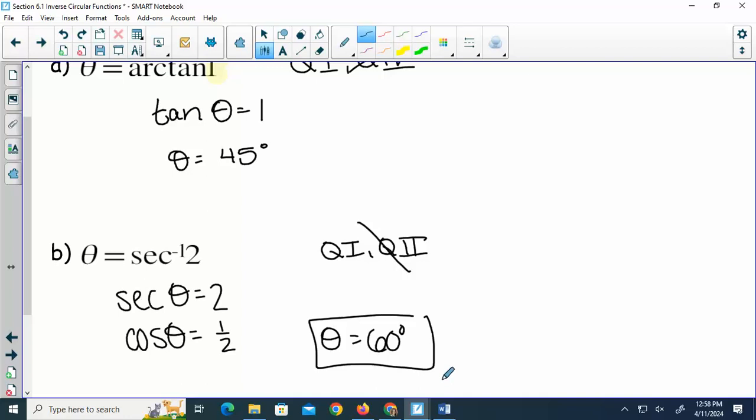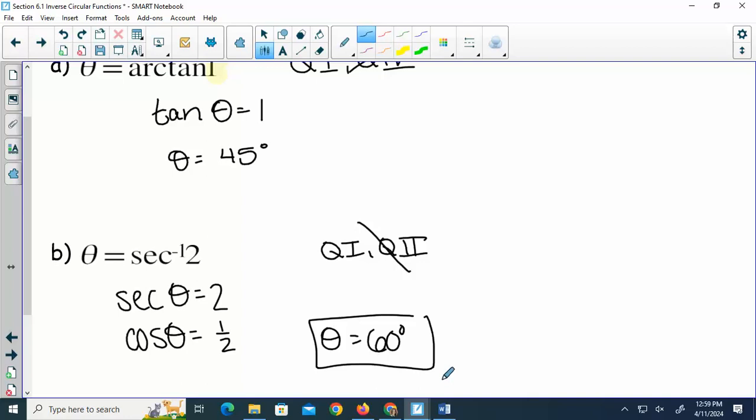Tangent inverse and cotangent inverse are in different quadrants. So if you're looking for a cotangent inverse of a negative number, but you have to use the tangent button, it's going to give you the answer in quadrant 4 because tangent inverse is in quadrant 4. But is that what we were looking for? No, we need the one in quadrant 2.